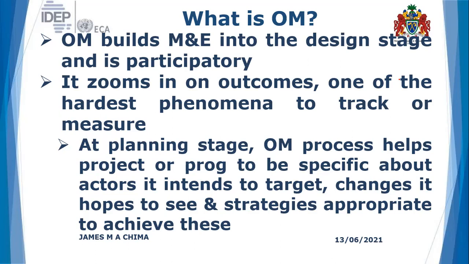At planning stage, outcome mapping process helps projects or programs to be specific about the actors it intends to target, the changes it hopes to see, and the strategies that are appropriate to achieve the aspired change.